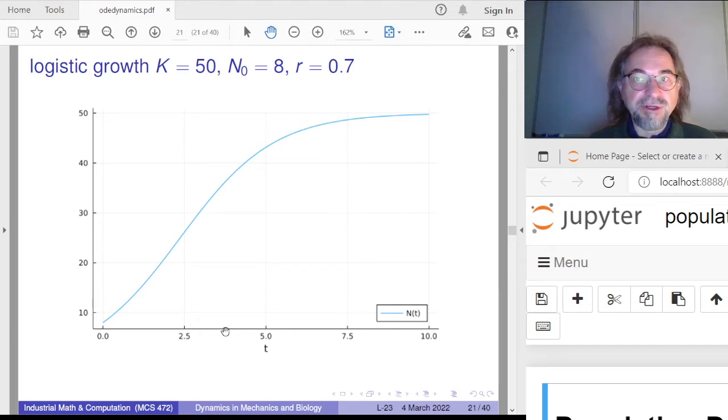So this logistic growth, by the way, has also often been used as the learning curve. The horizontal axis is the time spent studying, and the vertical axis is the amount that you learn by spending some time.